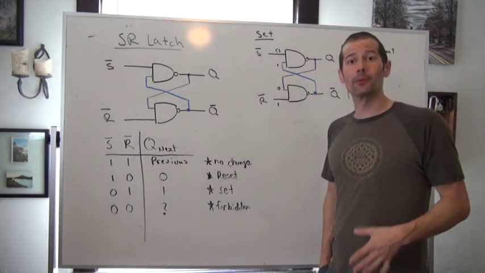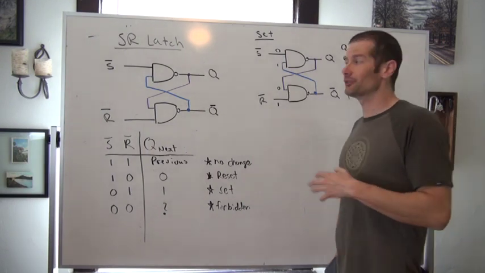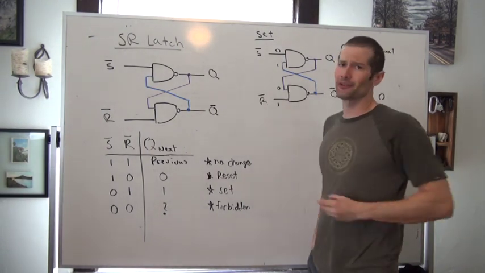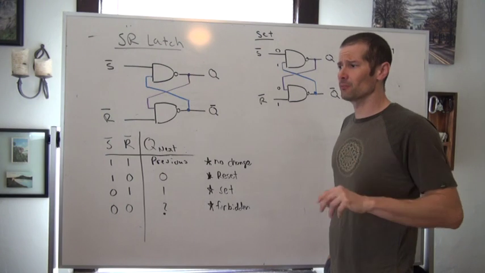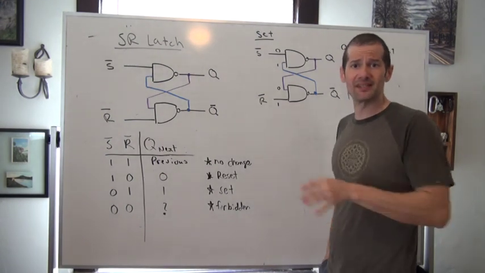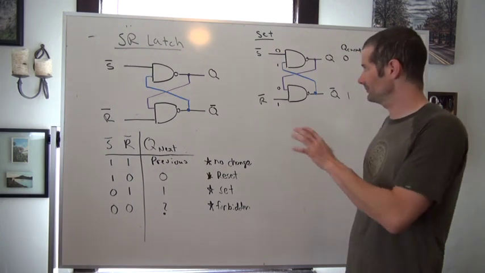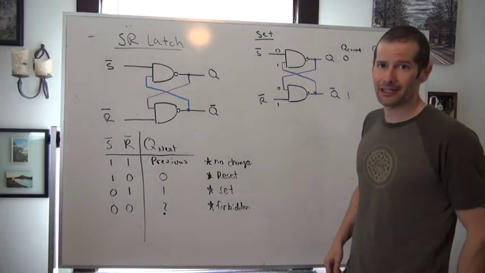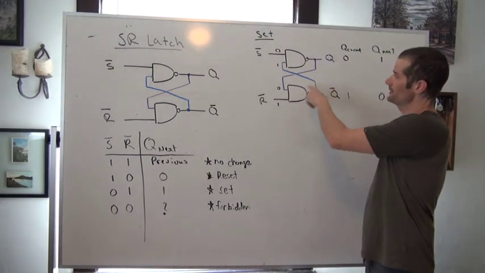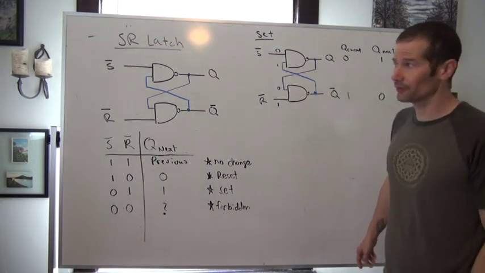Right now though, before we can go any further in talking about how we could utilize the SR latch in a system or fix its inherent issues, we have to make sure we understand how to deal with these states and these feedback loops.